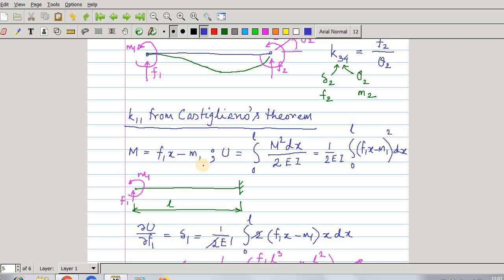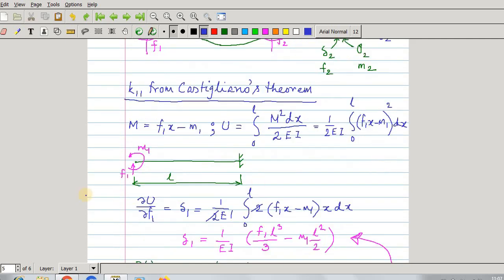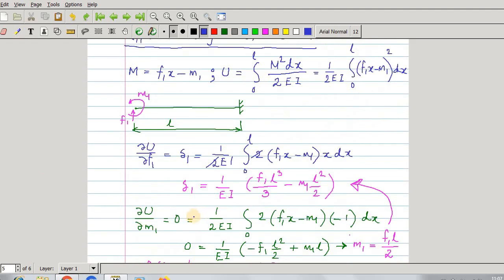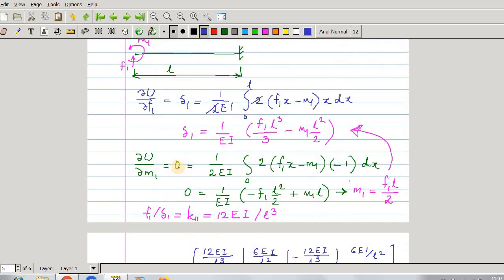So this is the bending moment, and this is the strain energy. Now del U del F1 is equal to displacement in the direction of F1, that is delta 1. So delta 1 is this, and del U del M1 is theta 1, which has to be 0 for K11. So this is 0.